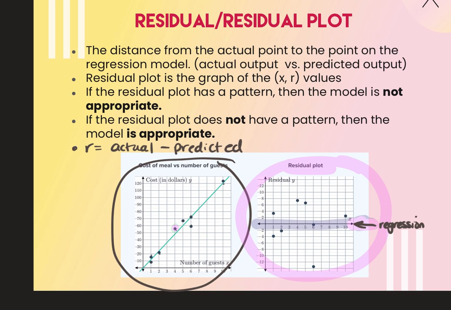It will also ask you to get R, and this is not on your slide, so make sure you add it in. R is the value of the actual data minus the predicted. So if R is positive, then the model underestimated.